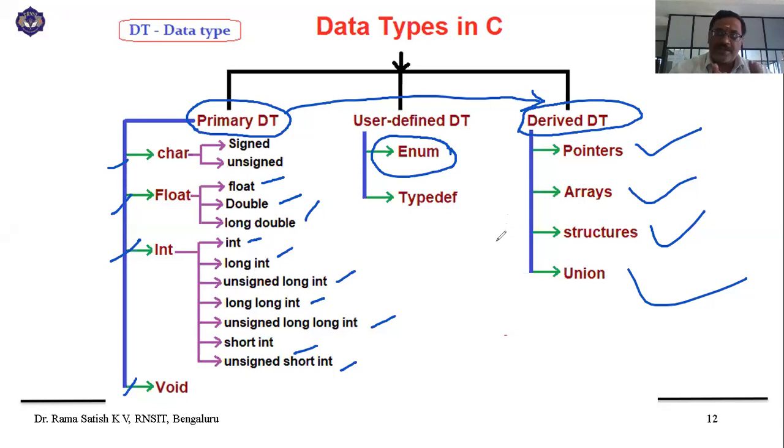The same enumeration you can use for creating user-defined data types. And there is one more method, we call it typedef. Typedef is another way where we can create our own data type. We can define a new data type.